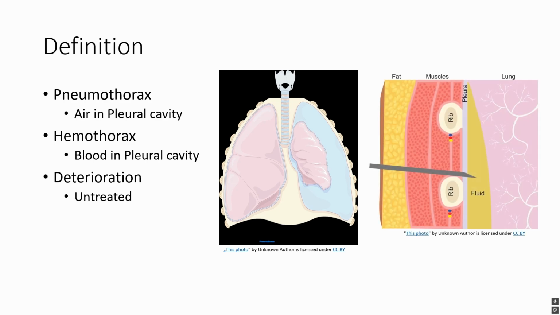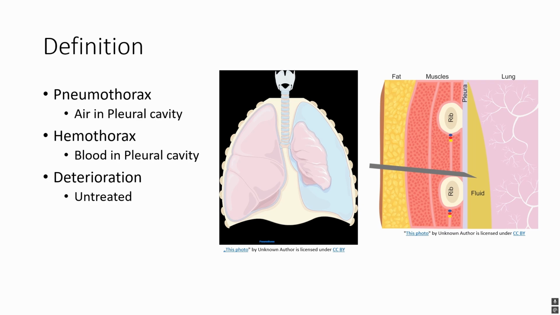Now about that pleural cavity or pleural space, the lung effectively glides along the inner side of your chest, so to speak. If we have an injury here, I don't know if you see my cursor, for example, if there's air or fluid getting in, in this picture it's going to be fluids, this is going to severely hinder the lung from being able to slide along the inner side, and it cannot really expand or inflate and deflate properly.